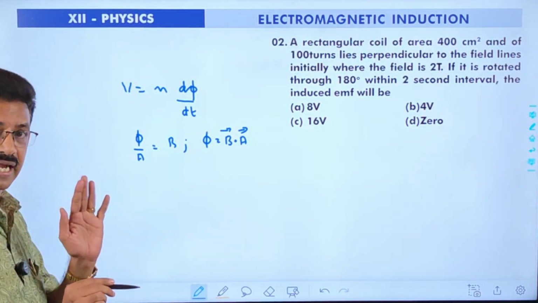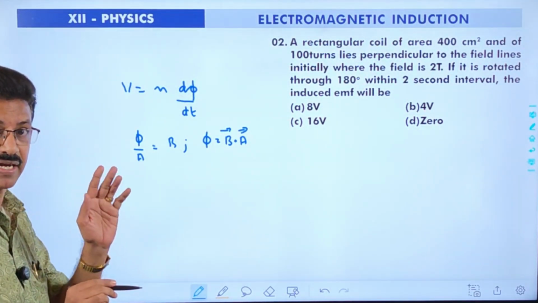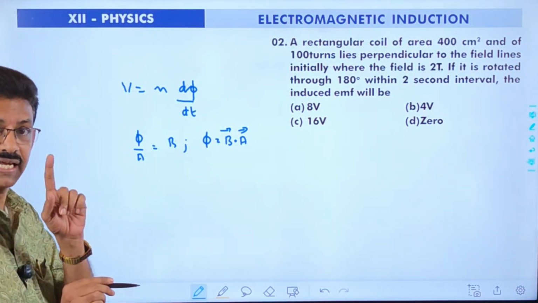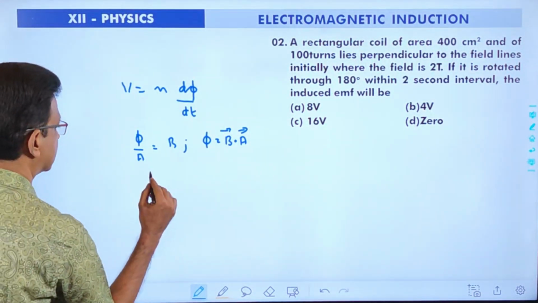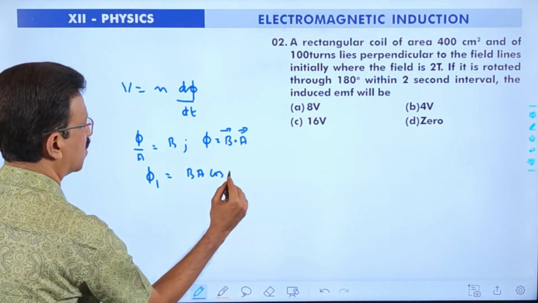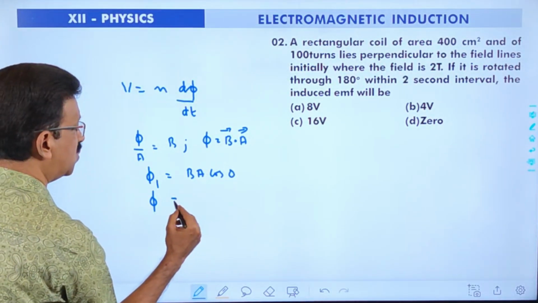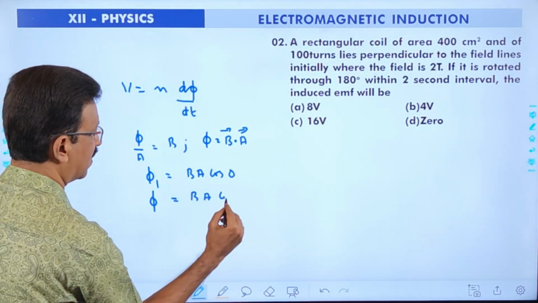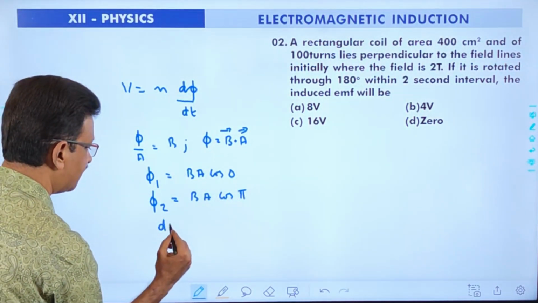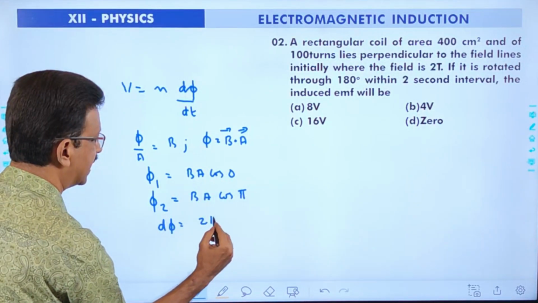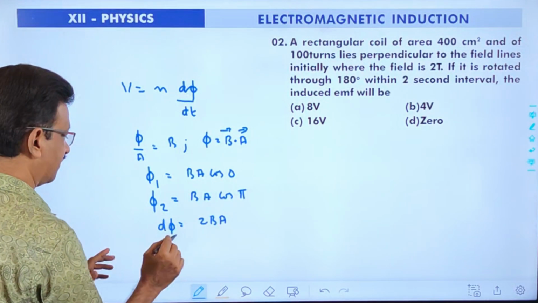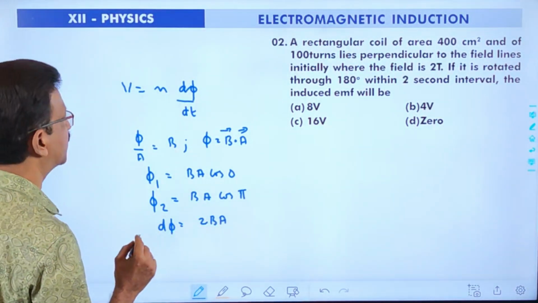Therefore, the angle between the surface area vector and the field is initially 0. Phi 1 is BA cos 0. Phi 2, rotated through 180 degree, is BA cos pi. Then d phi equals BA (cos 0 minus cos pi), 1 minus minus 1, 2. Therefore, instead of d phi, we can write 2BA.